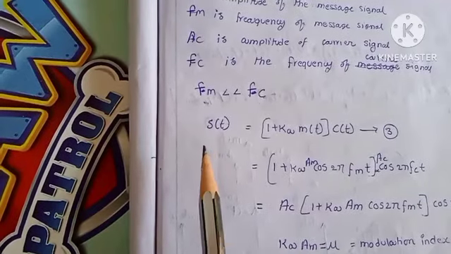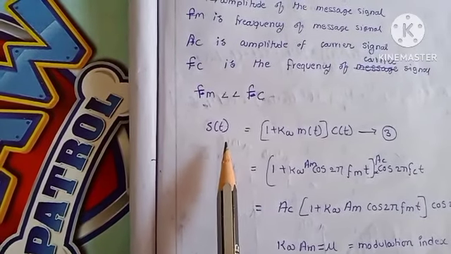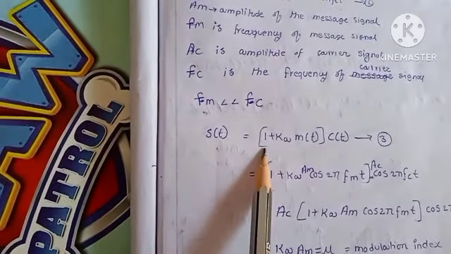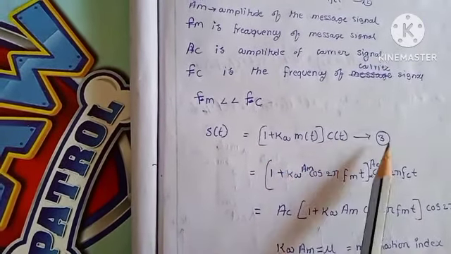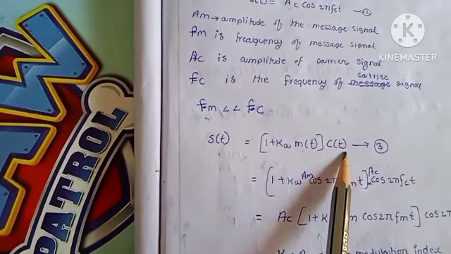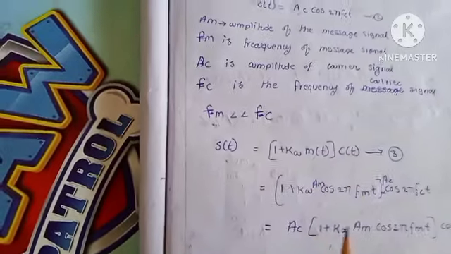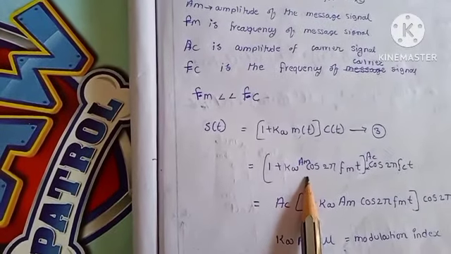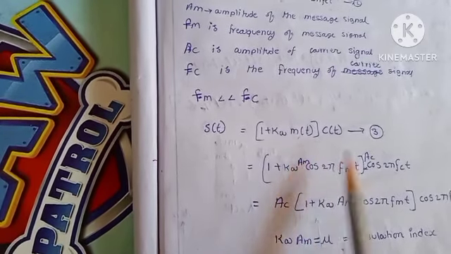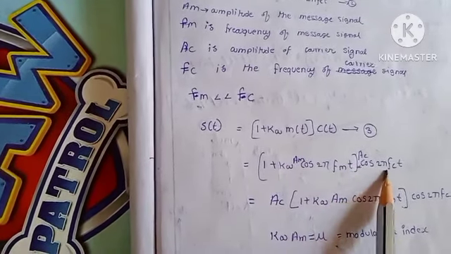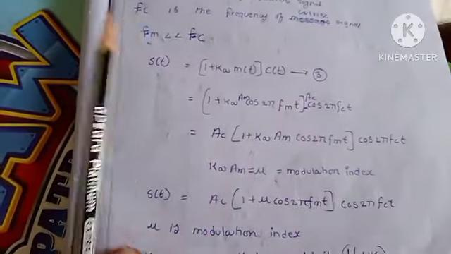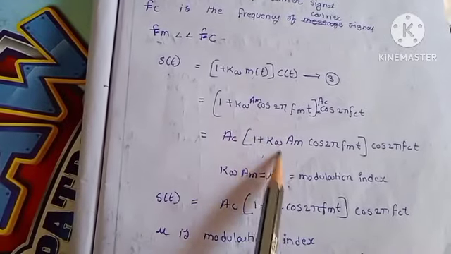Now let us consider s(t) as the amplitude modulated signal. Its equation is [1 + Ka m(t)] c(t). Let us substitute the values of m(t) and c(t) in this equation: Am cos 2 pi fm t instead of m(t) and Ac cos 2 pi fc t instead of c(t).